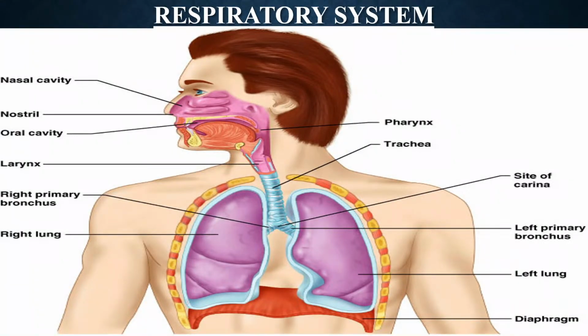So the second one is respiration. For distinct processes to actually happen in the body, we need oxygen. And when we talk about respiration, basically, it's mostly associated to oxygen use.